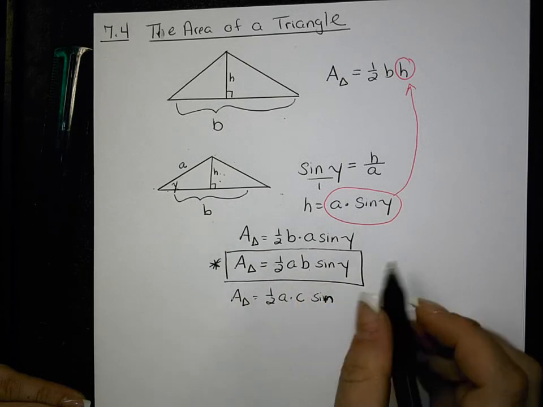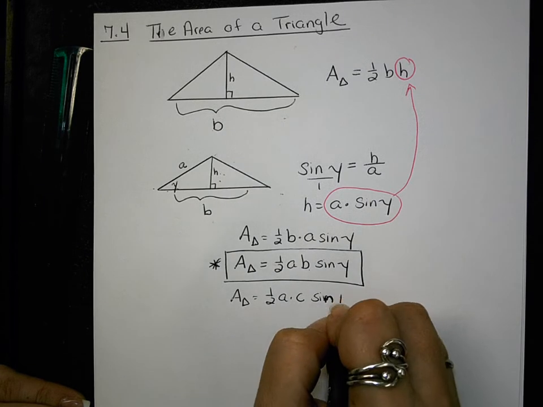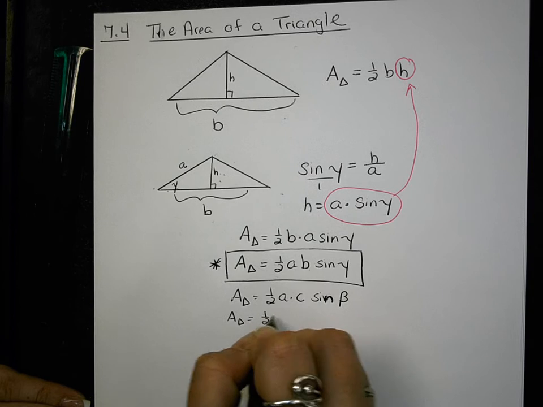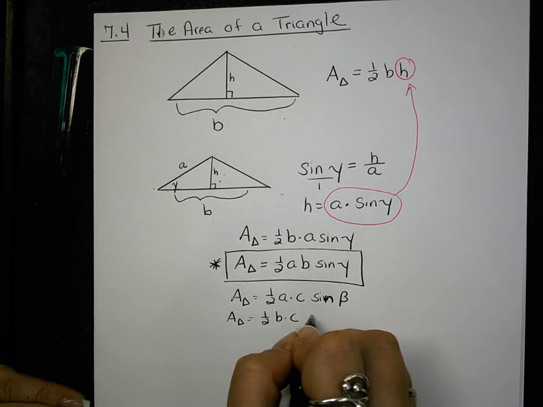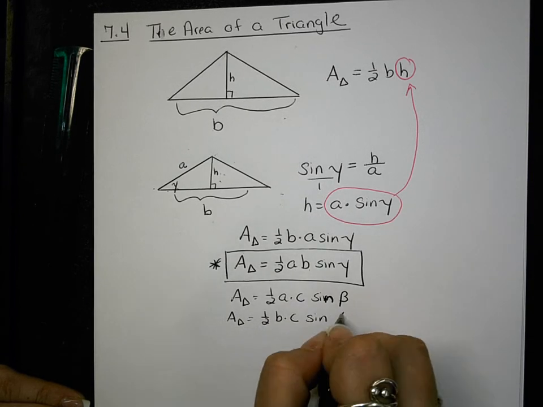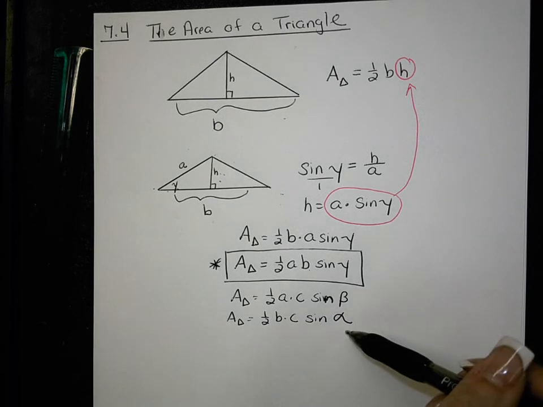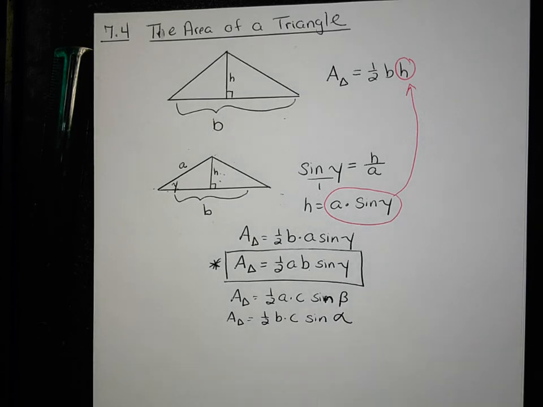If I have A and C, sine of which angle? Beta. Or area of a triangle is 1/2 B times C sine of alpha. So any one of these three follows the same format.